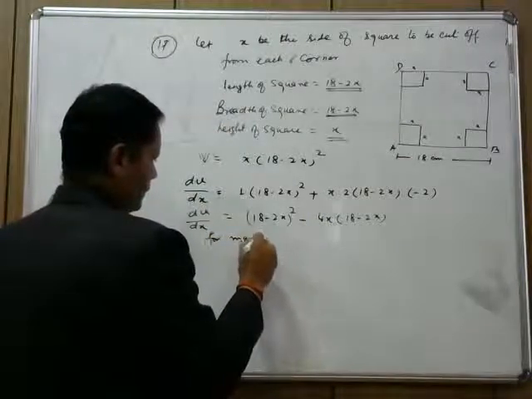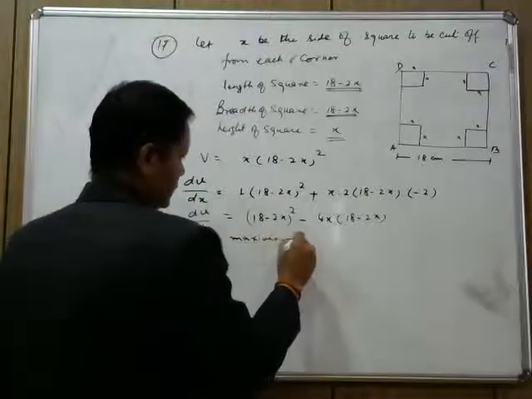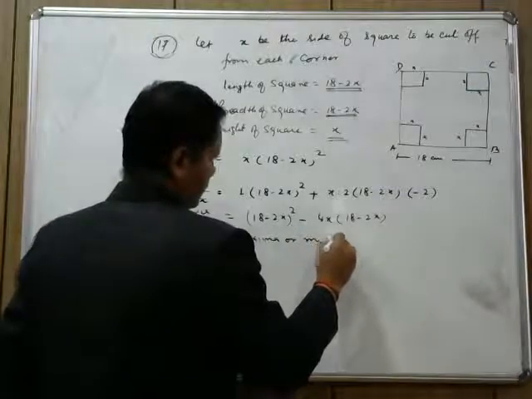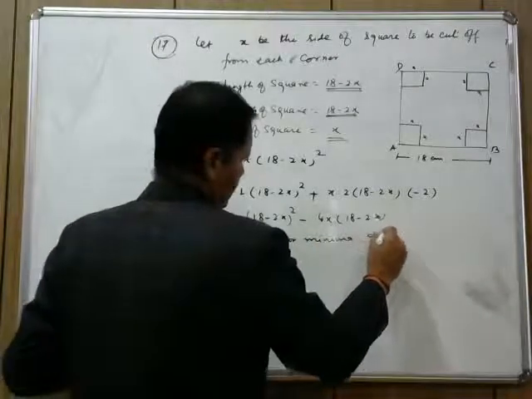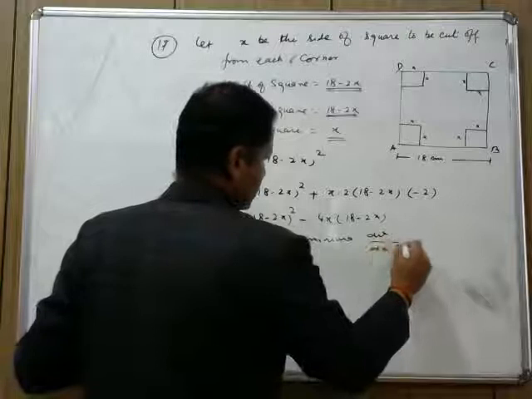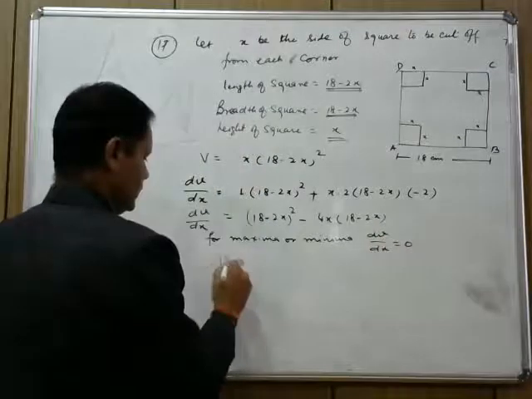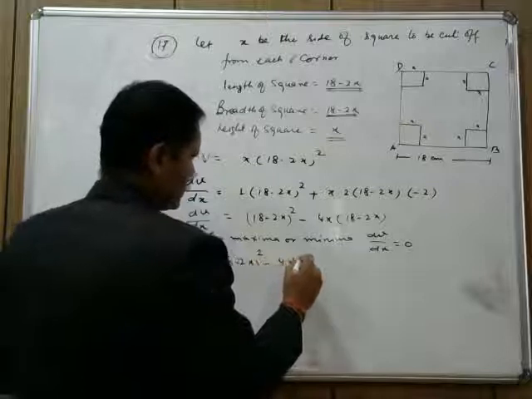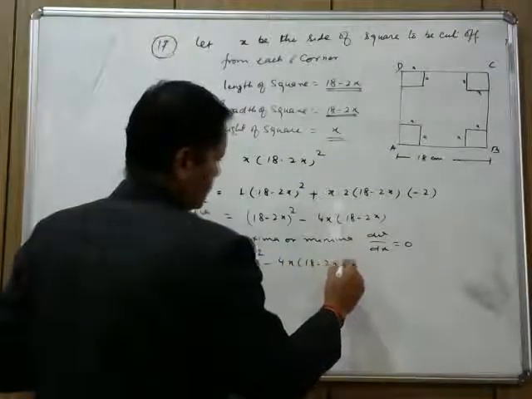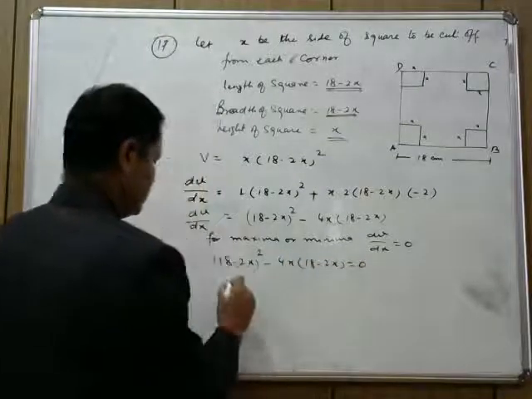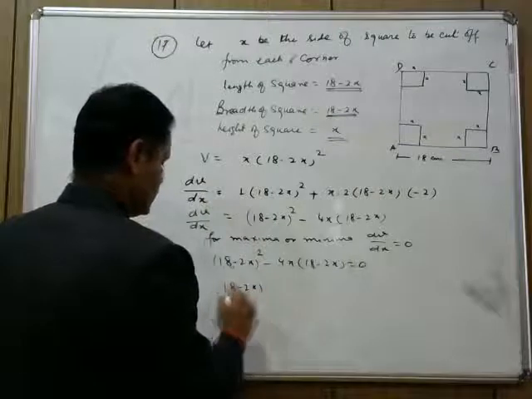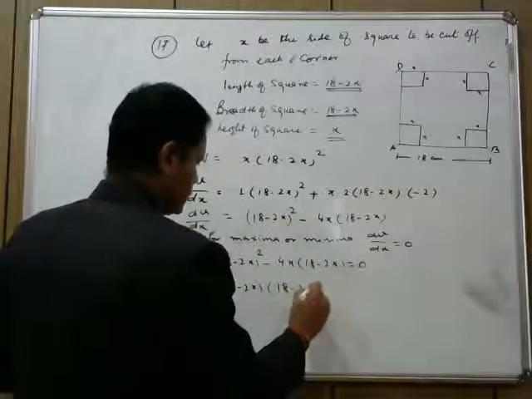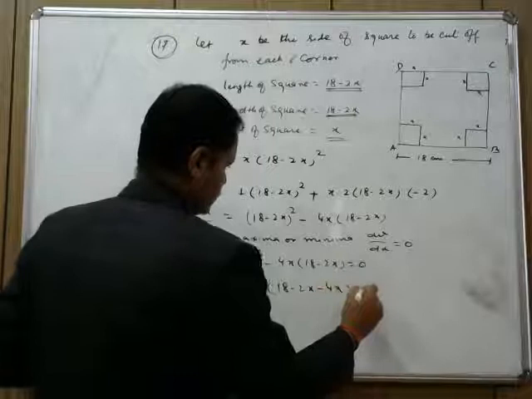For maxima or minima, dv by dx is equal to 0. It implies that (18 minus 2x) whole square minus 4x into (18 minus 2x) is equal to 0. Therefore, (18 minus 2x) into (18 minus 2x minus 4x) equal to 0.